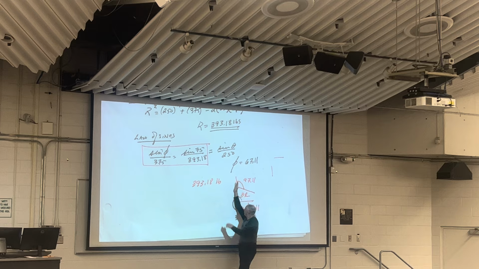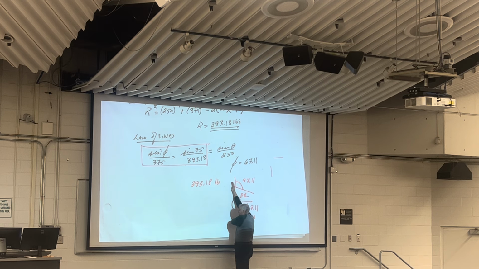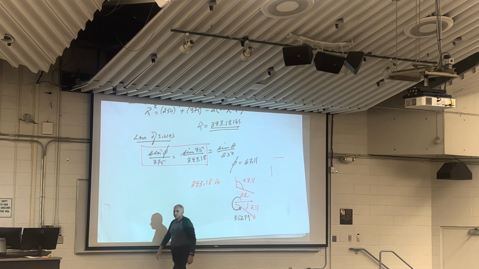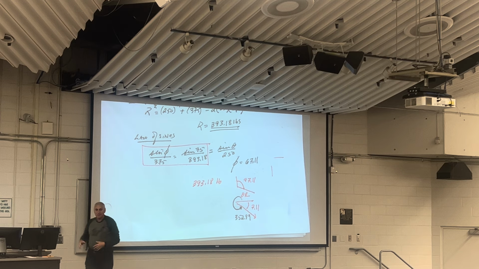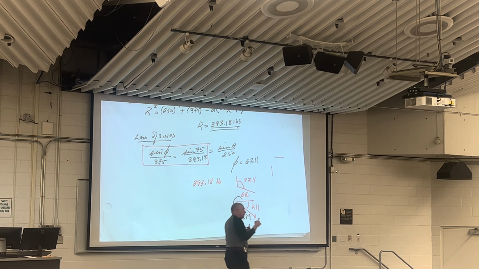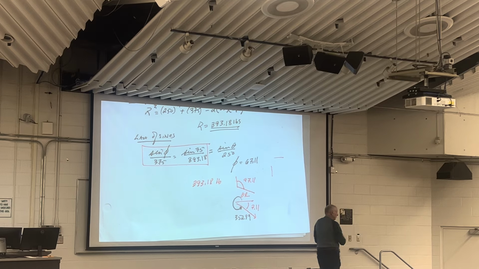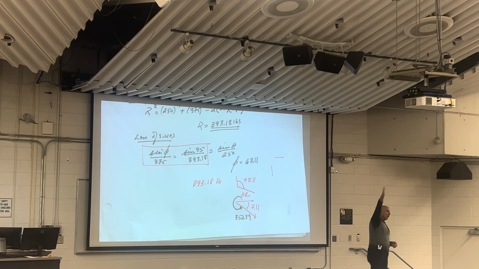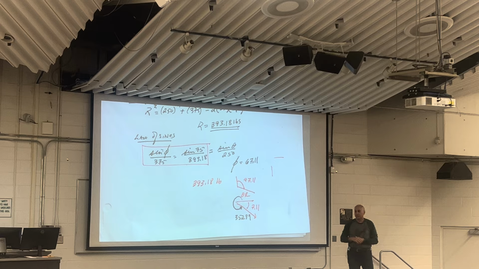If this is quadrant 1, 2, 3, that would be the fourth quadrant. Okay? That's the answer I'm looking for. The textbook wants you to give them the 352, from the positive x all the way around to get to the vector.